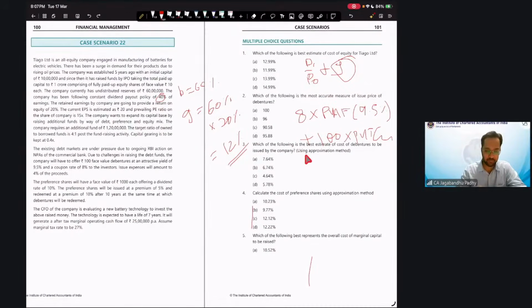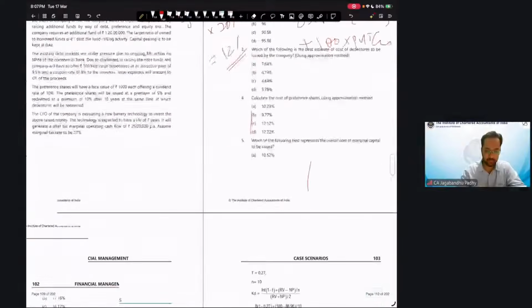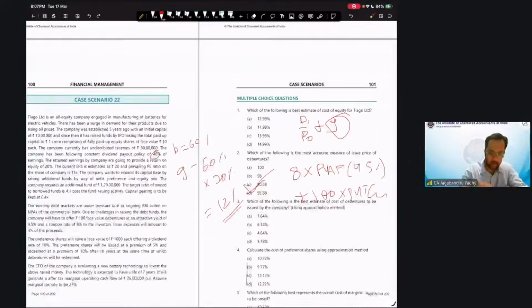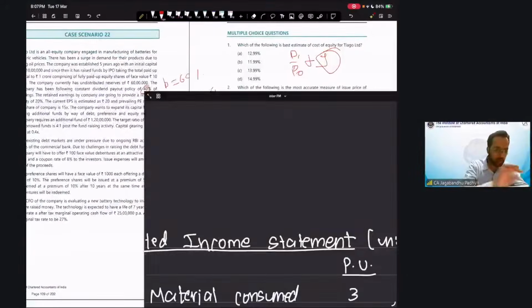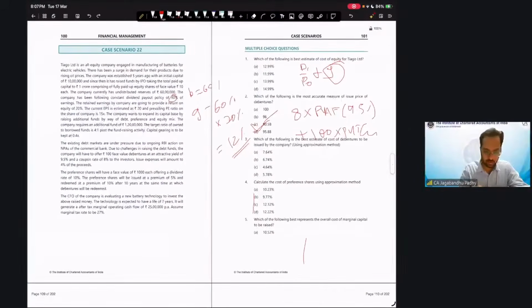Which of the following is the best estimate of cost of debentures to be issued by the company? Use the approximation method. Now, since we have the price of the debenture as 90.58, this is your price, or we can say this is your net proceeds.